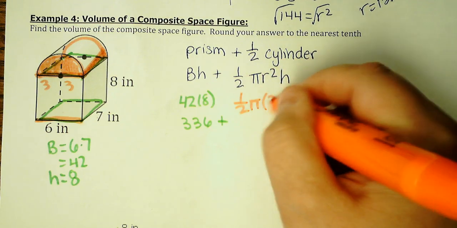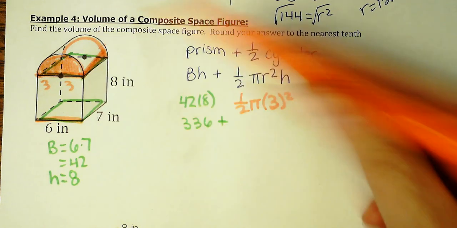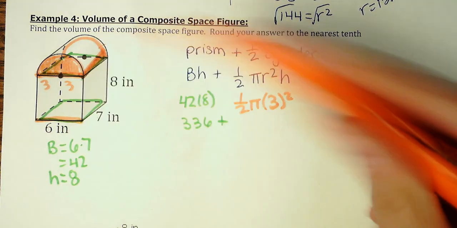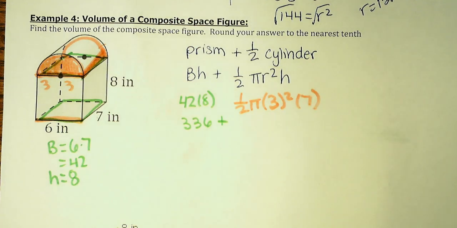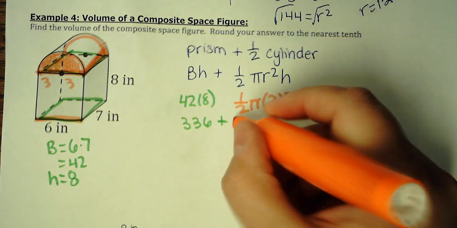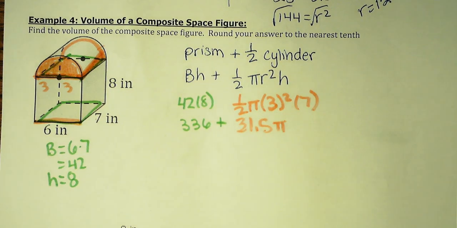My radius is going to be 3, and then the height here between the two half circular bases is going to be 7. So just pay attention when you're working through that. So I'm going to go ahead and write that in terms of pi really quick. So I'm going to do 1/2 times 3 squared times 7. And so here I'm getting 31.5 times pi.